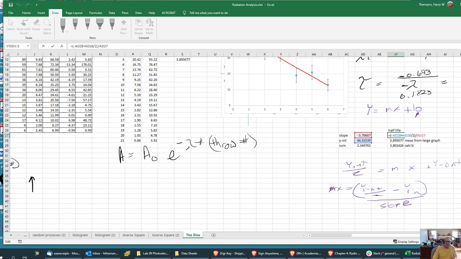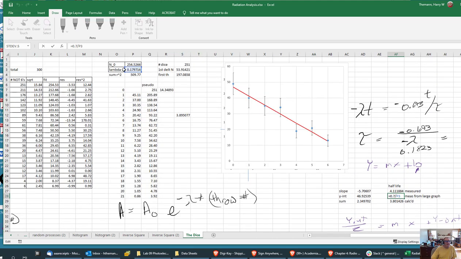Sometimes we have to fudge it and say absolute value, but it's nice that it worked out. And then I went ahead and used the value I got for lambda up here, and heck, let's make it 0.693. Generally people just say 0.7.